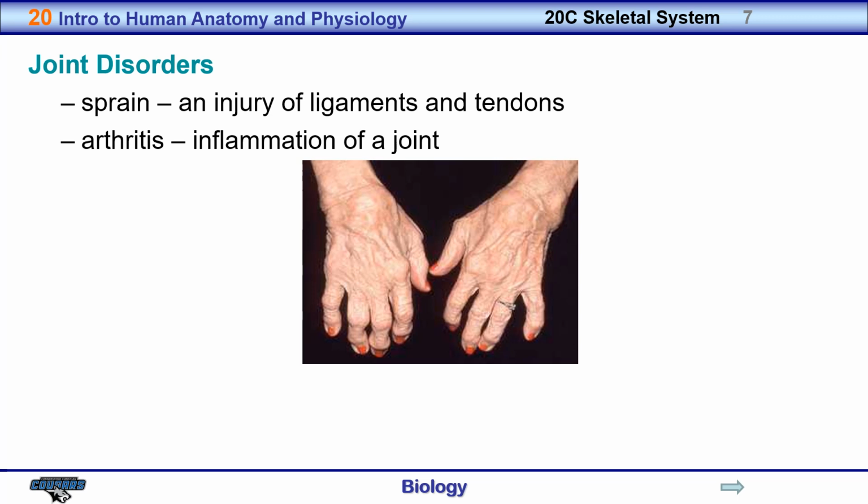And look at the left hand, the ring finger. Notice that the tip of the finger is kind of cocked off to one side. It can cause the joints to become misshapen and difficult to bend, or maybe even almost impossible to bend. There are other joint disorders, but these are the only two that we're going to cover in here.